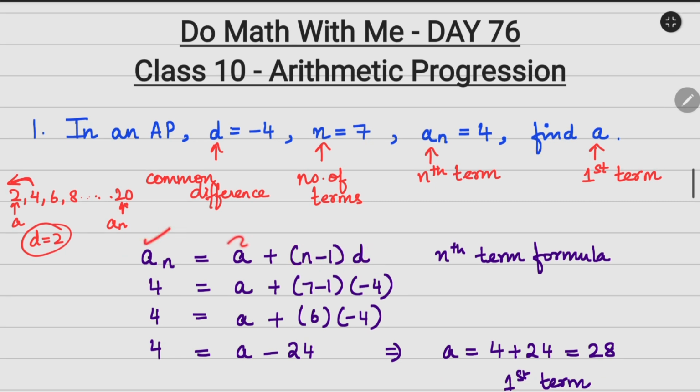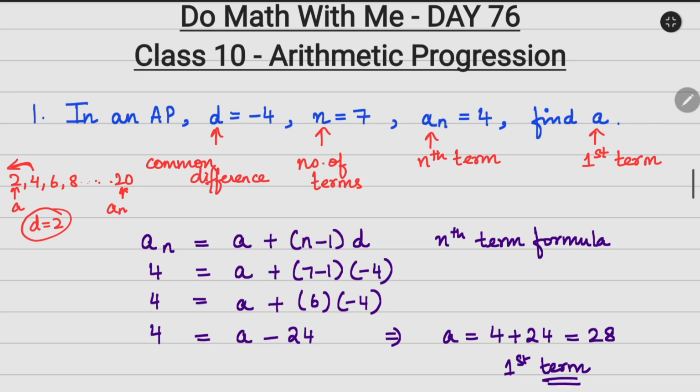So there are 4 things. One is the nth term, the first term, the number of terms, and the common difference. Any 3 of it, if you know, you can find the 4th one. So please remember that this formula is very, very important. The nth term formula is very, very important. Please remember it, make a note of it. Let's move on to the next question.